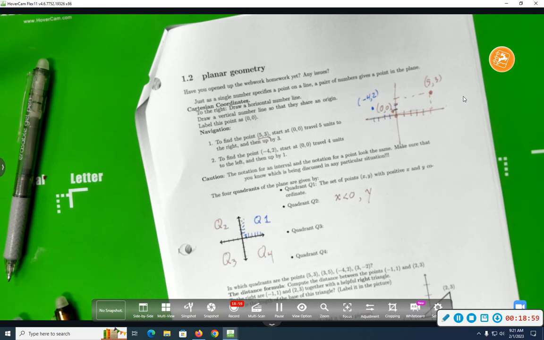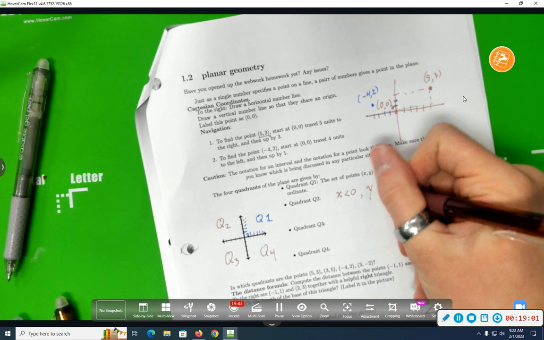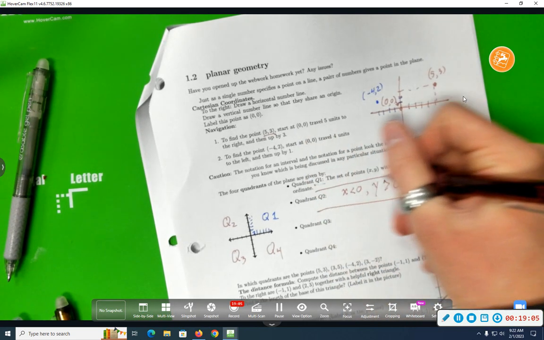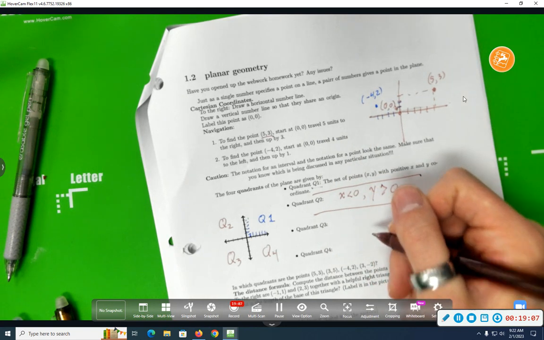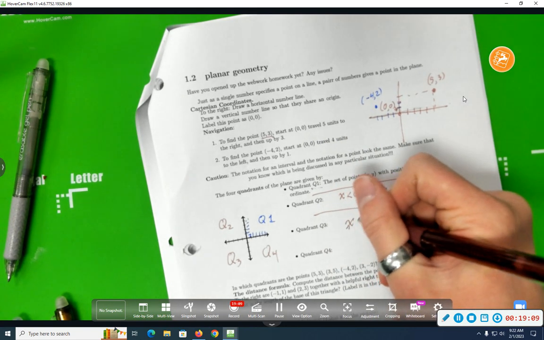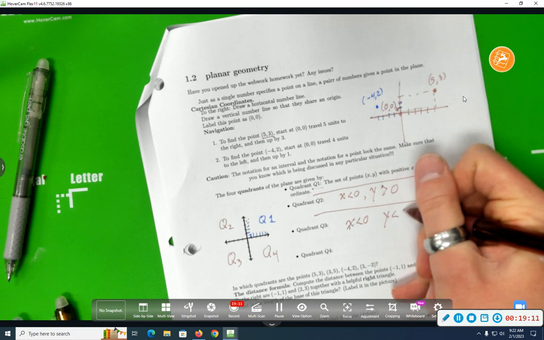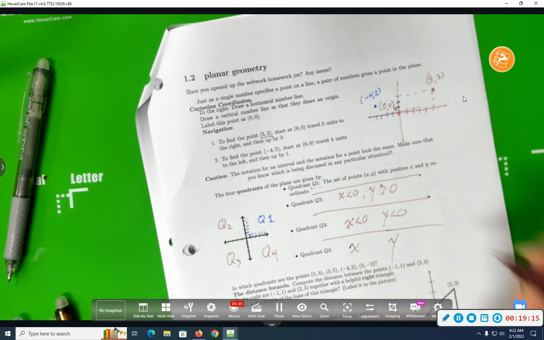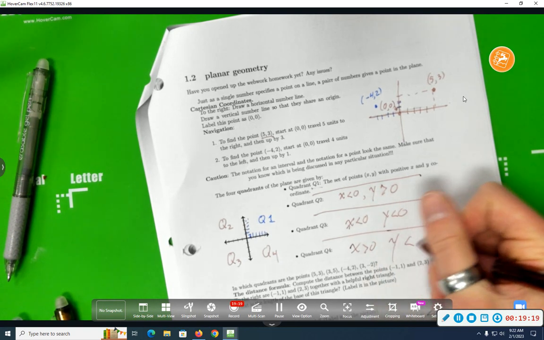Positive. You go up to get to them. Quadrant 3? Both negative. Quadrant 4. Groovy.